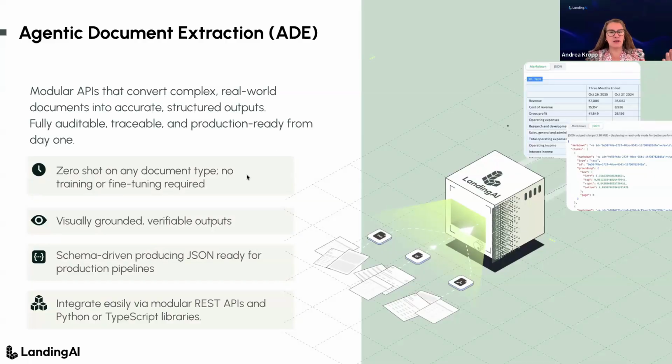You can drop in any document type: PDFs, PowerPoint files, Excel files, JPEGs, PNGs. There's a list of about 30 supported file types, and there's no training or fine-tuning required on your part. What you're going to get back are visually grounded, verifiable outputs, and we'll see those in detail in the demo section. And you'll get very clean JSON, which is ready for your production pipelines.